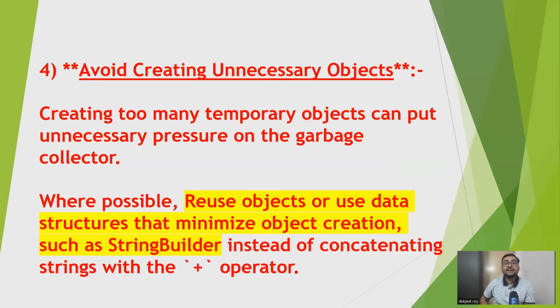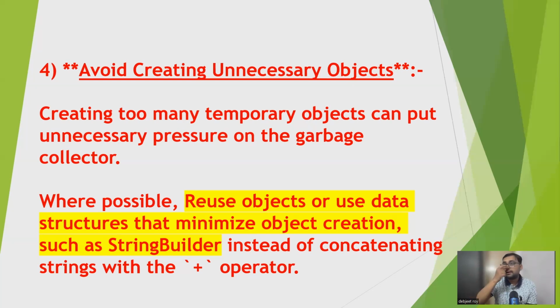So the fourth point is we should avoid creating unnecessary objects. We have seen a lot of instances in our projects where we are creating unnecessary objects which are not in use, so we should take care of it. If you are creating an unnecessary object which is not being used, then it is taking space in the heap memory, and because of that it creates a lot of havoc.